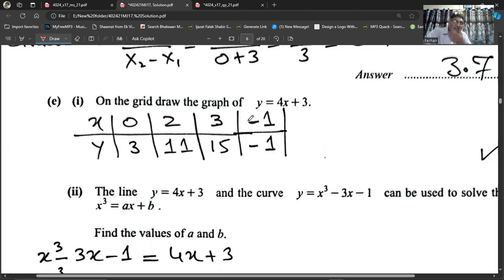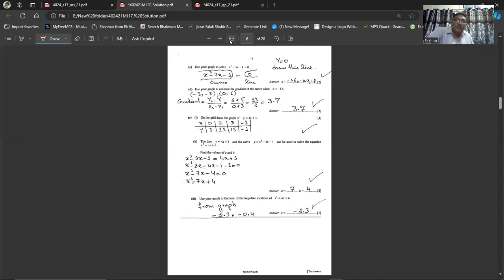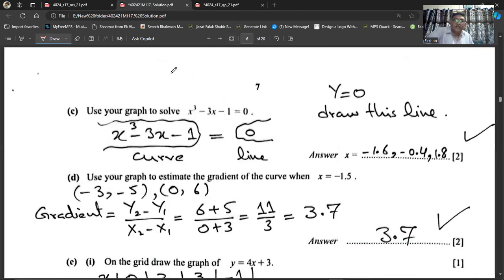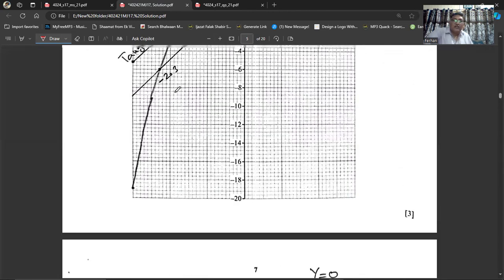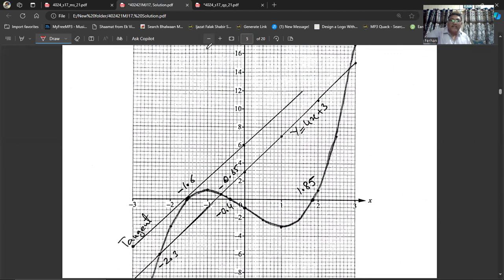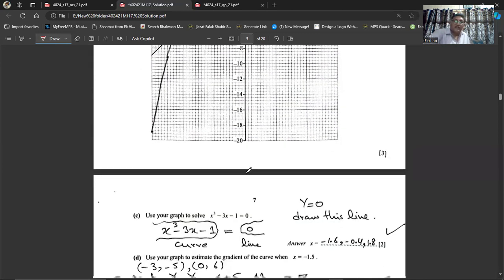When x is minus 1, the value of y will be minus 1. Then I will plot these points. I plotted those points here, then I joined them, so I got this line. This line represents y equals 4x plus 3. So plot those points, join them, and it will be a straight line.